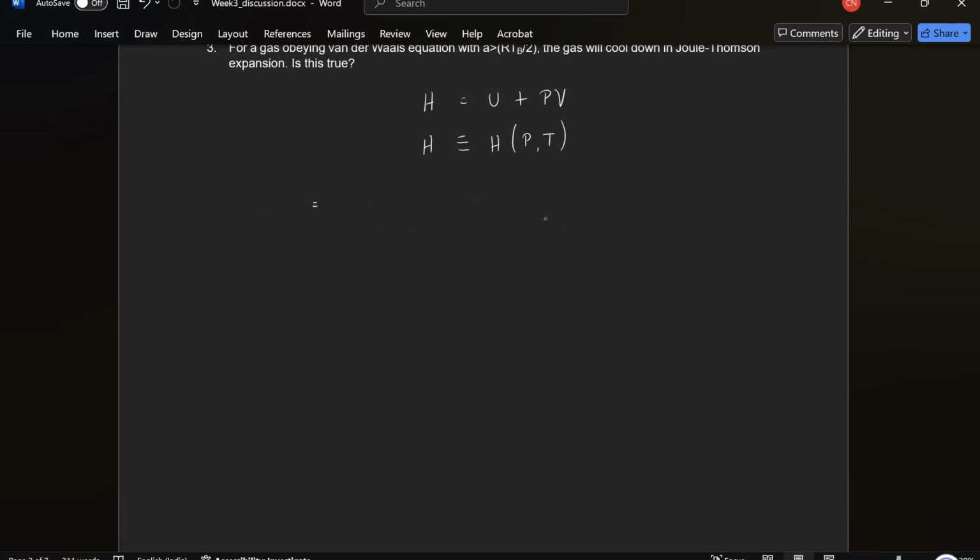What we eventually need for the Joule-Thomson coefficient, mu JT, is basically something related to minus 1 by CP times del H by del P at constant temperature, which is basically going to be equal to del T by del P at constant enthalpy.